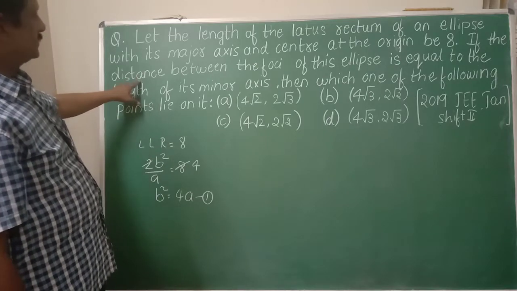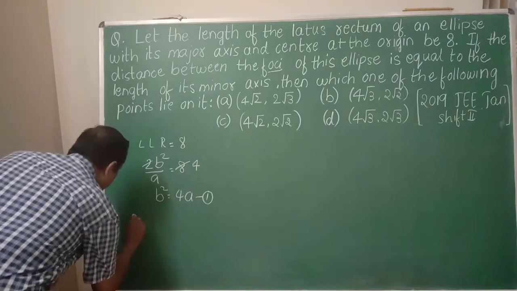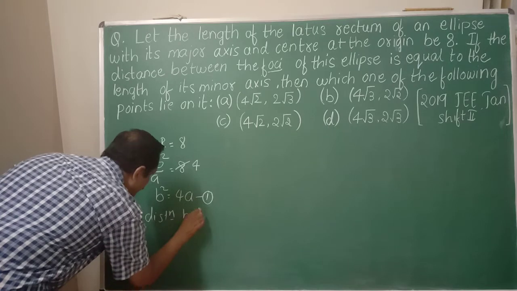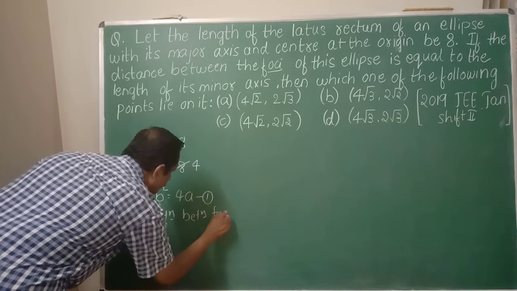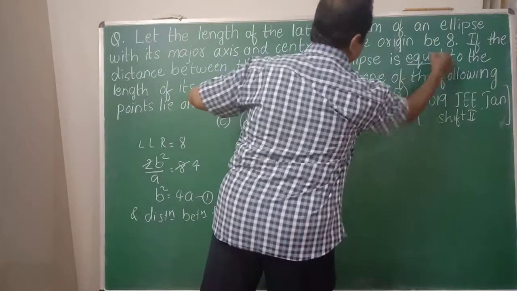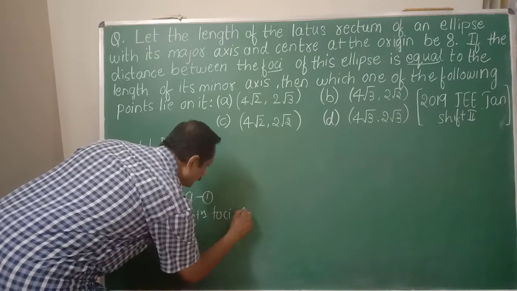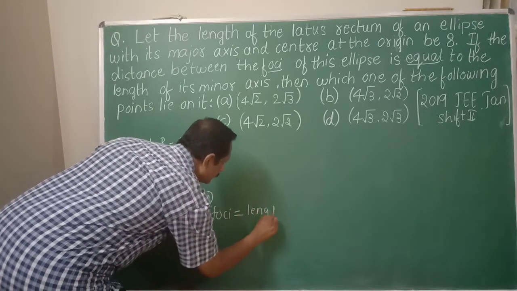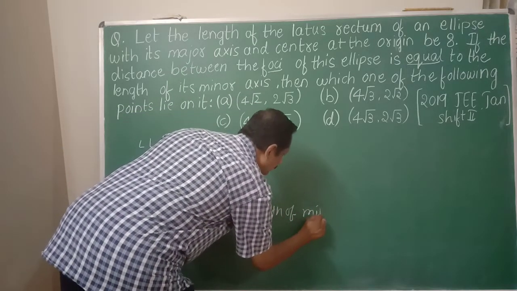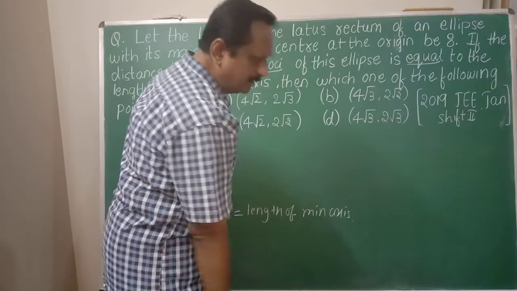Next, they gave the distance between foci is equal to the length of the minor axis.